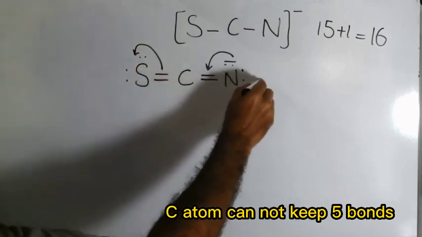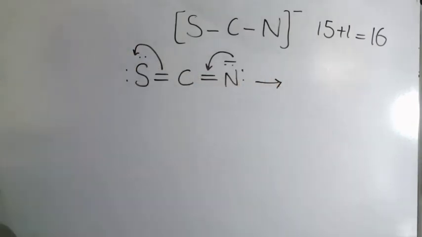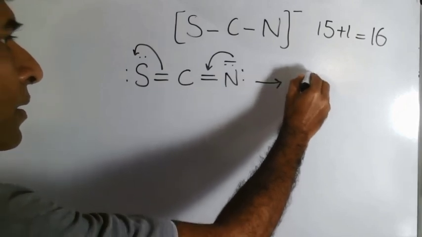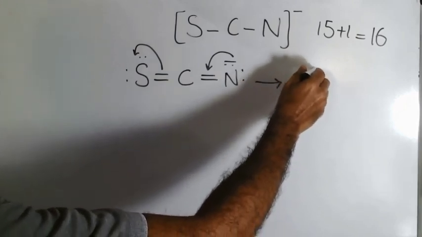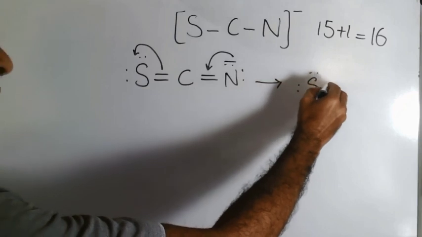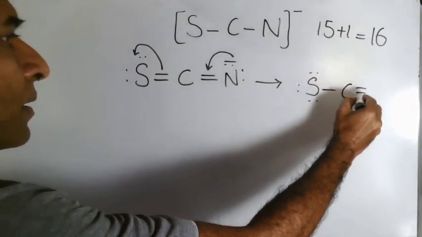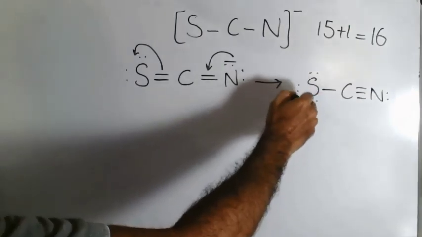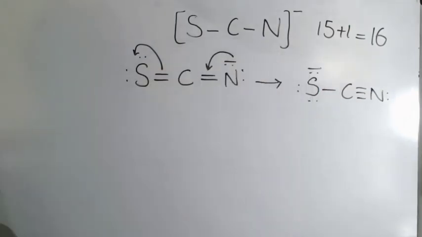Otherwise, carbon cannot keep 5 bonds. So it will result in 2 electrons onto the sulfur, and this becomes a triple bond. And sulfur gets an extra electron, so you have to show it has a negative charge.